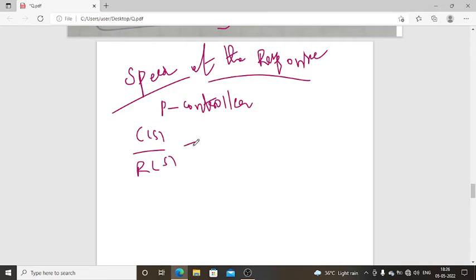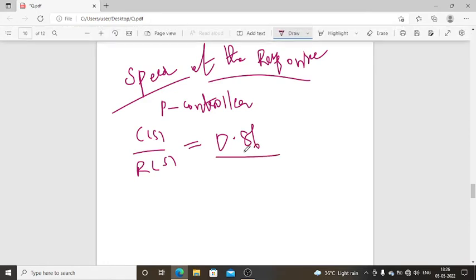C of s by R of s is equal to 0.86 whole divided by 0.94 s plus 1. Okay. So this is C of s by R of s for the P controller.